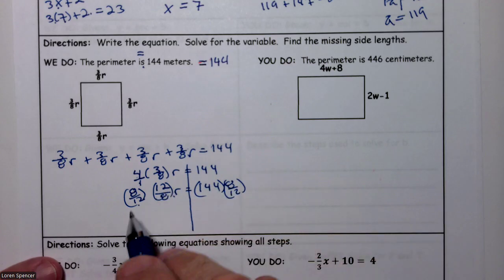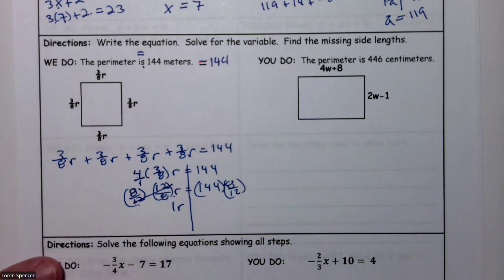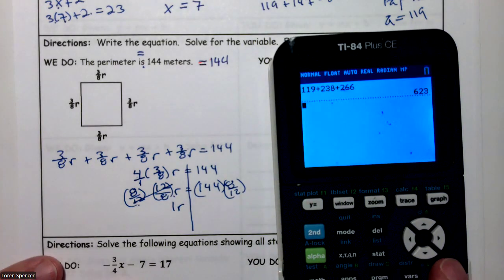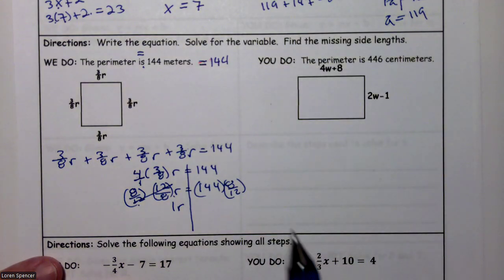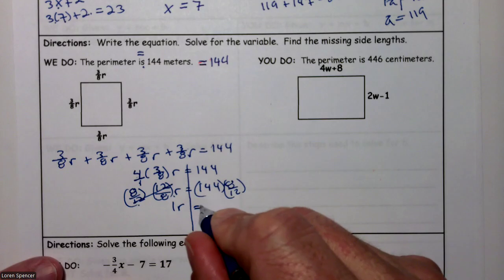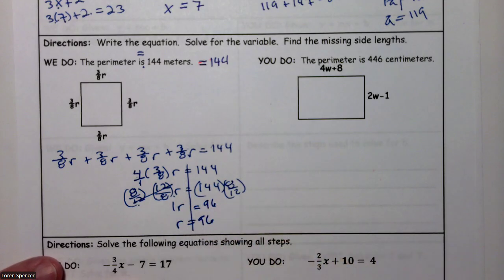Putting everything in parentheses, this becomes a 1, so we have 1R. And using the calculator, parentheses 144, close parentheses, parentheses 8 divided by 12, close those parentheses, and I get 1R equals 96. So R equals 96, but I'm not done yet.